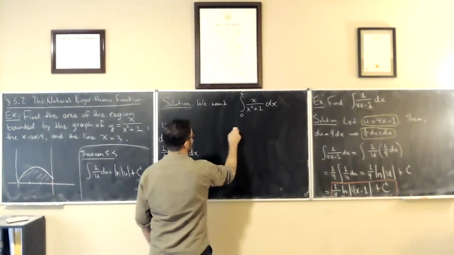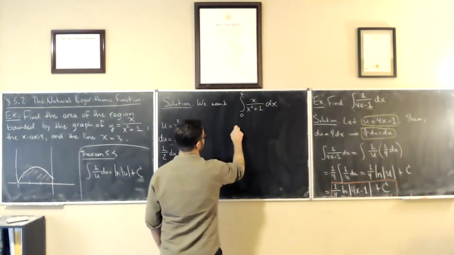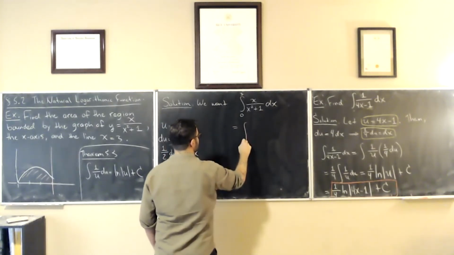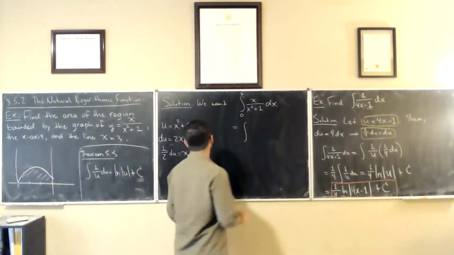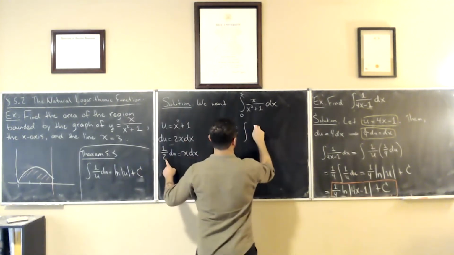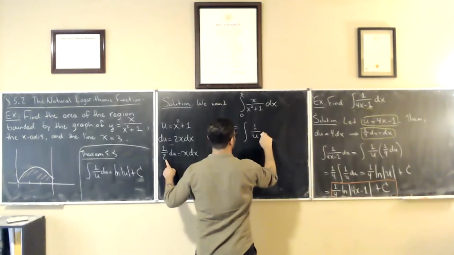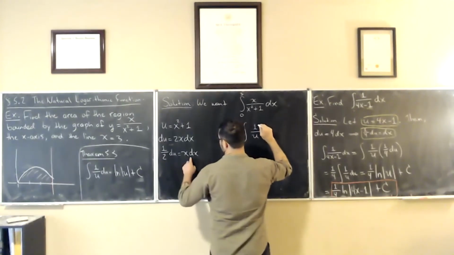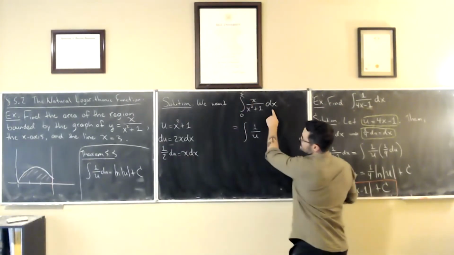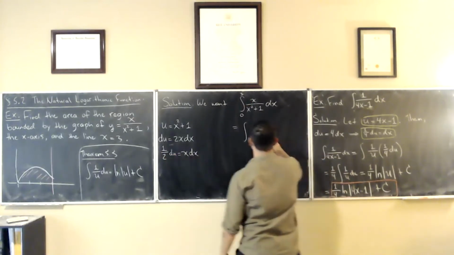So this integral then becomes 1 over u, and then x times dx is equal to 1/2 of du.